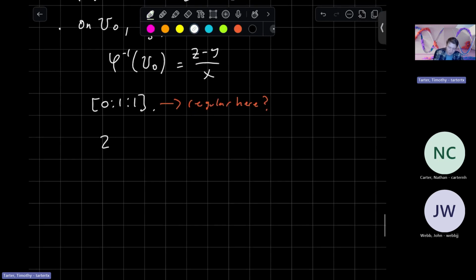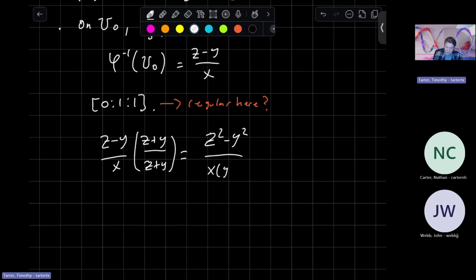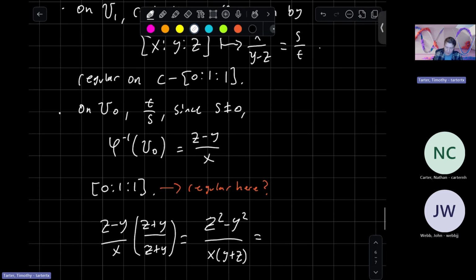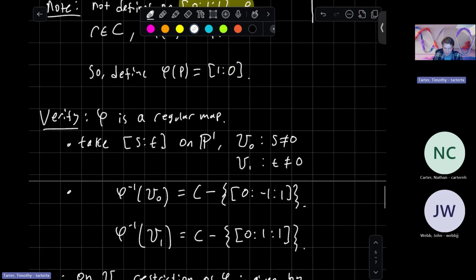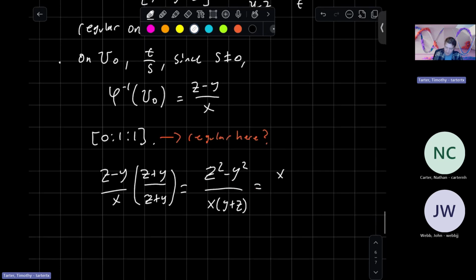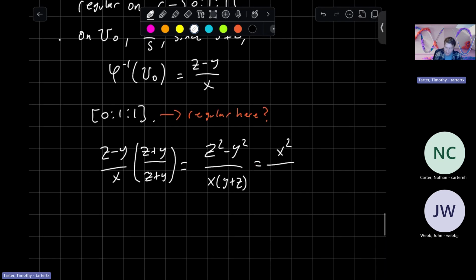Okay, so then our little trick will be multiplying by 1. And this gives us z squared minus y squared over x times y plus z. But then we said that x squared was z squared minus y squared. So we get an x squared in the numerator and x times y plus z in the denominator.